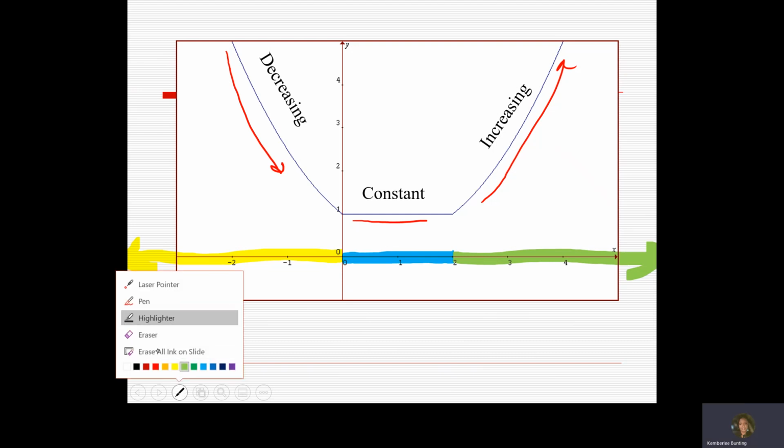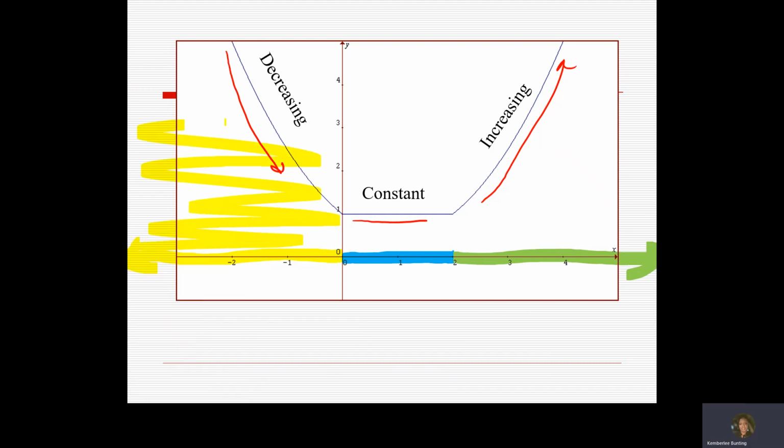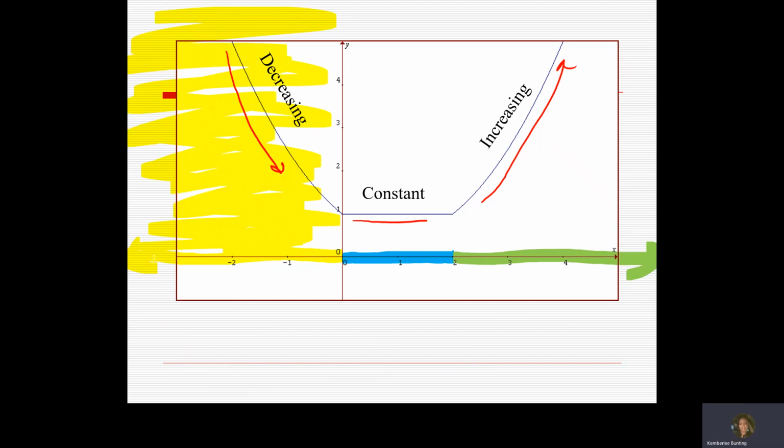Let me just go back over that. Any portion of the graph in this region is decreasing. It's decreasing from negative infinity all the way up to 0. Trying to color it in, but it's getting messy.